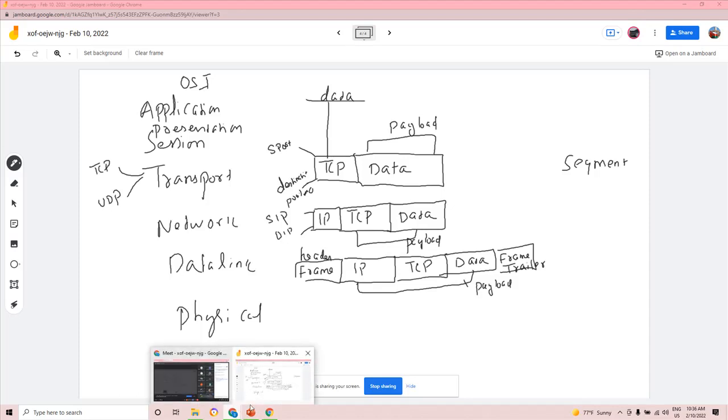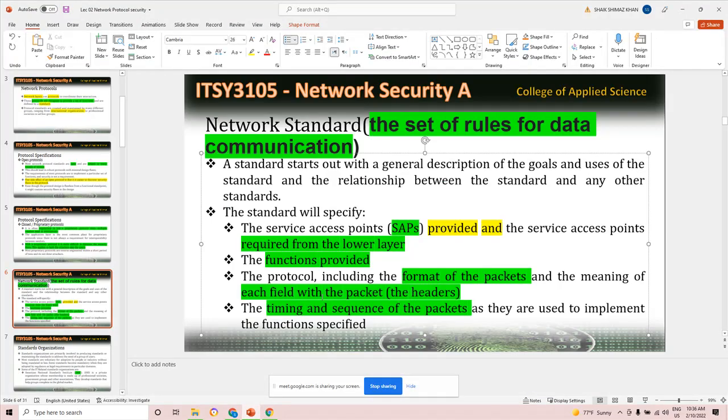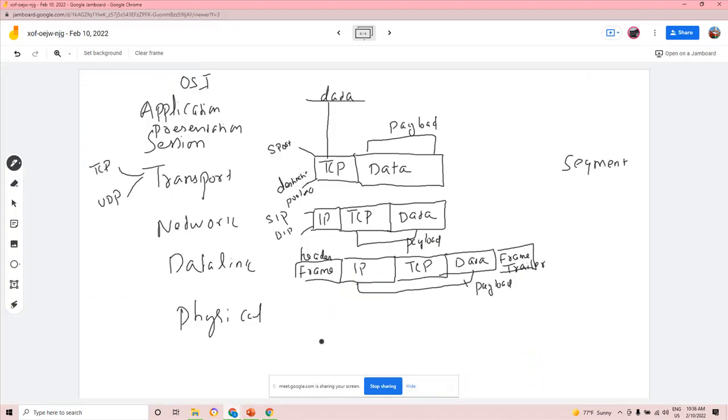So this information has to be specified in the headers, and also the time factor and the sequence of the packet should be specified. When the packet is transmitted from one end to the other end, there is a packet sequence number.